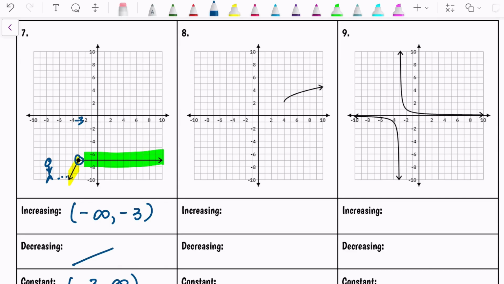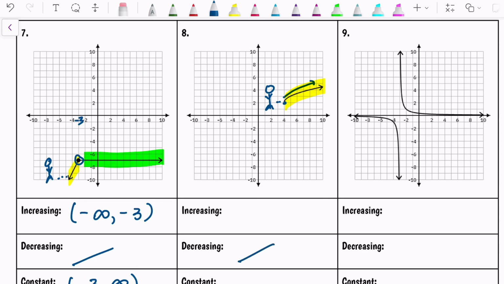Number 8, I am only doing one thing. Here I am. I walk onto my little graph. I'd be walking up. That's increasing. So I look and see where it starts. Now, guys, this is where the debate on whether to use a bracket or not comes into play. Some people would say, well, at 4 the whole graph is increasing.